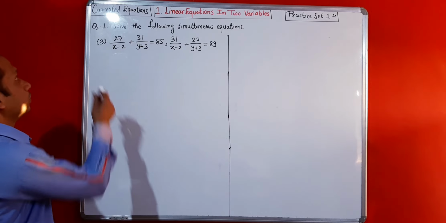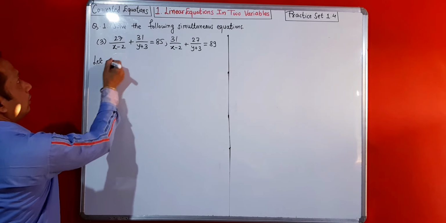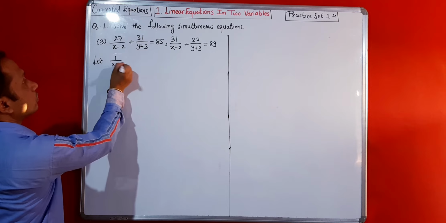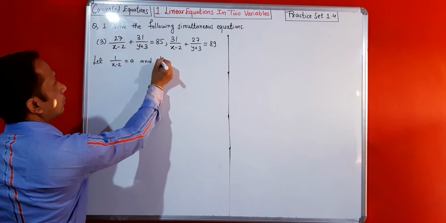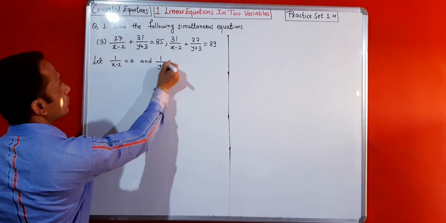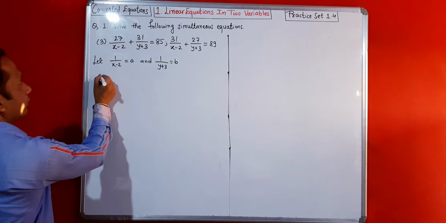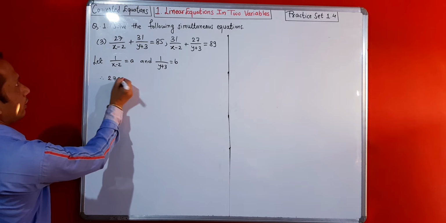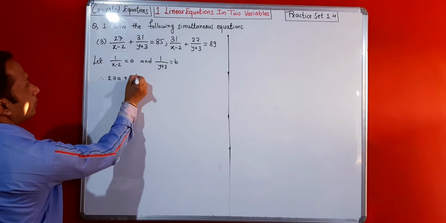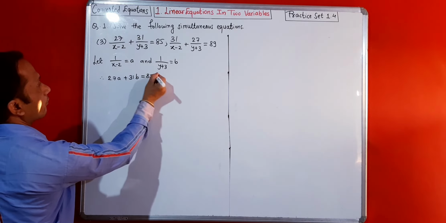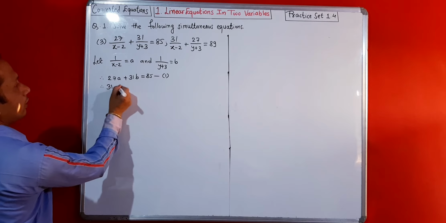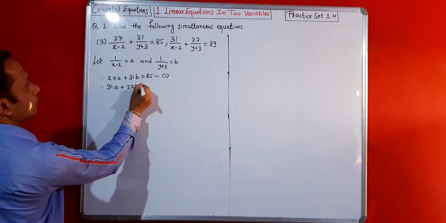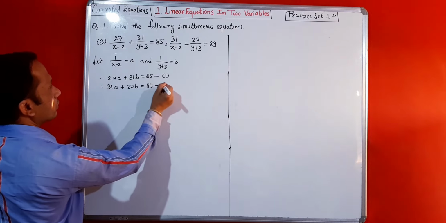Let 1 upon x minus 2 be equal to a and 1 upon y plus 3 be equal to b. Therefore this equation changes: 27a plus 31b is equal to 85, equation 1, and 31a plus 27b is equal to 89, equation number 2.